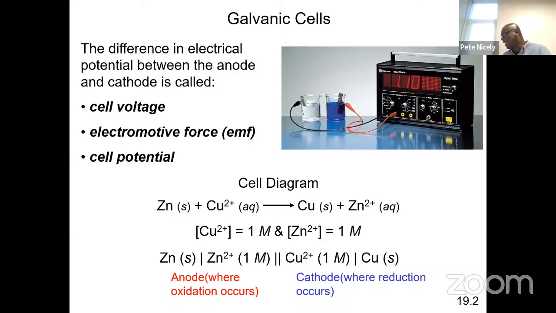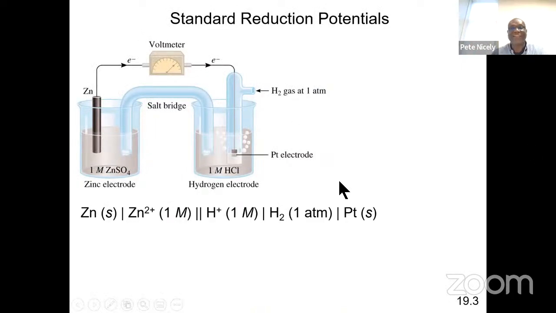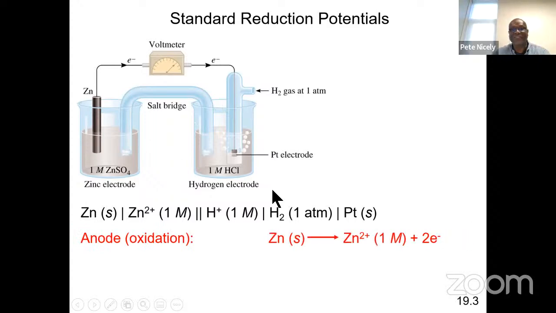So to overcome that issue, what was decided by the powers that be is that we define what is known as a standard half cell. And the standard half cell is basically what is seen here on the right in this diagram. We call that the standard hydrogen half cell.